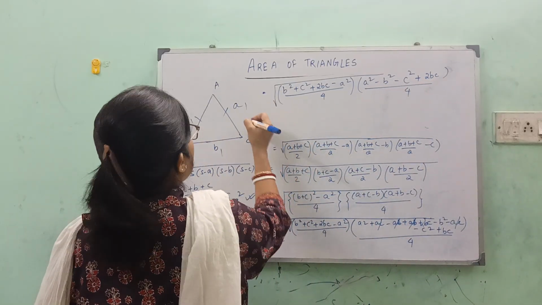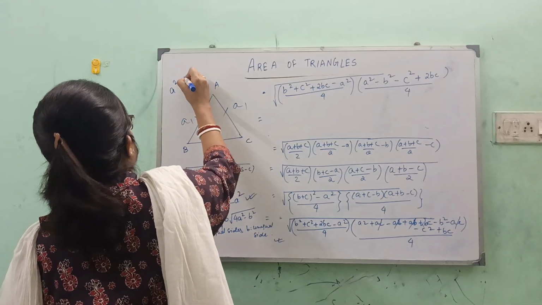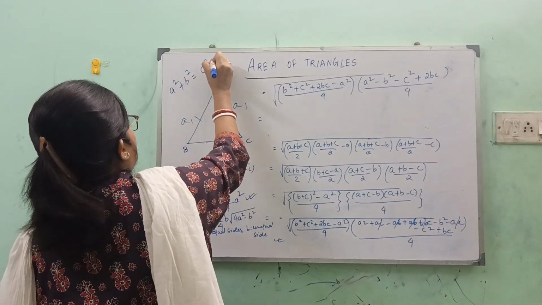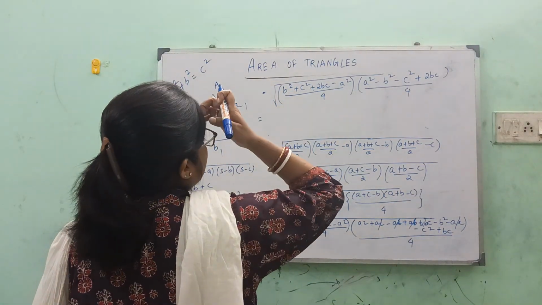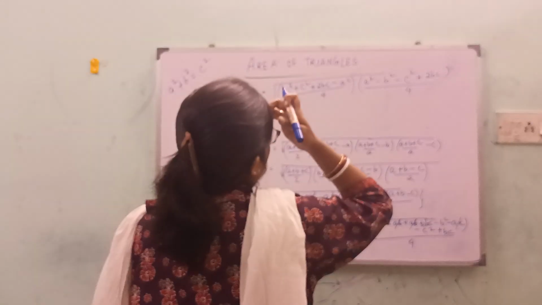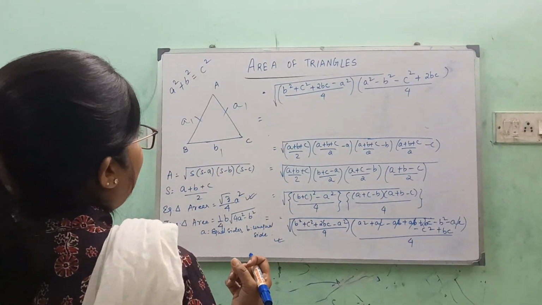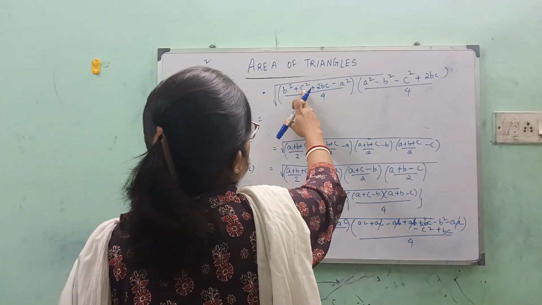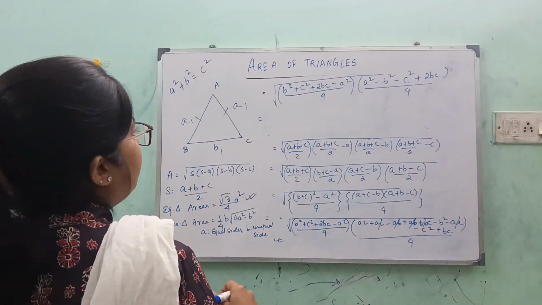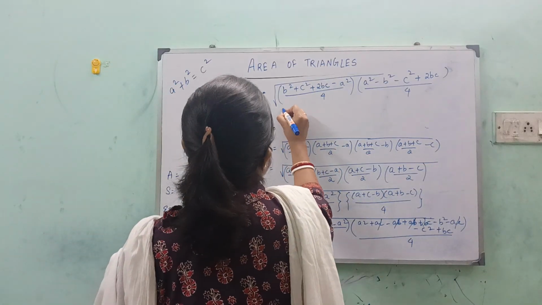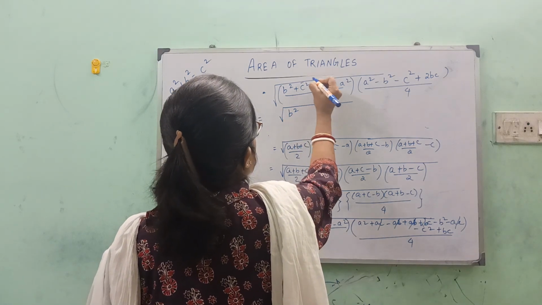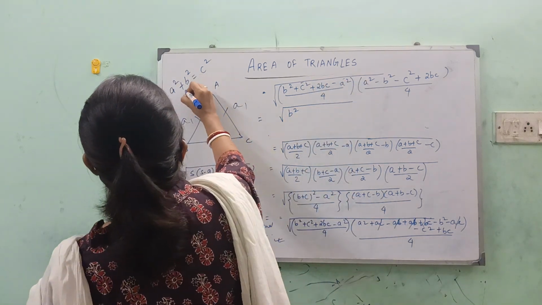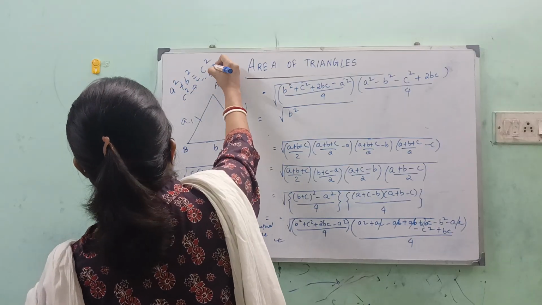Now comes, I've already told you for a right angle triangle a² plus b² is equal to c². So b² is here, and c² minus a² will be b². So keeping the b² as it is, using c² minus a², c² minus a² is equal to b², isn't it?